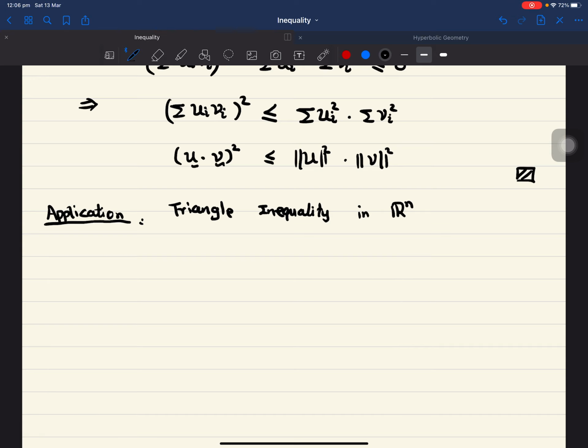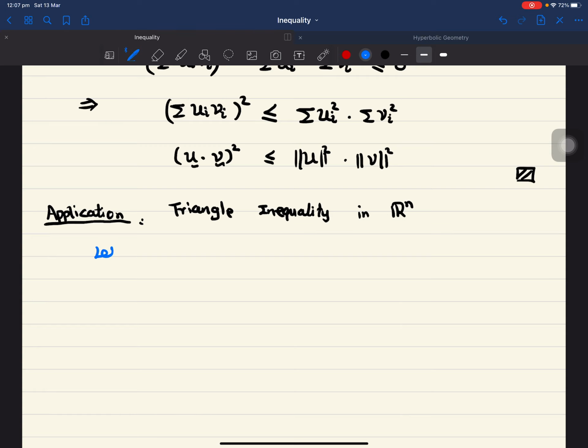So we just quickly recall the triangle inequality: if given a triangle in two-dimensional space, with side lengths x, y and z, we got x plus y is always greater than or equal to z. So in Rn, now we're looking at some arbitrary n-dimensional space instead of just two-dimensional.